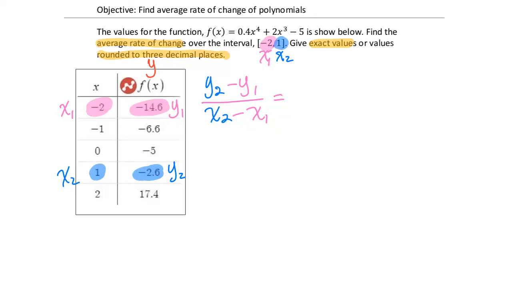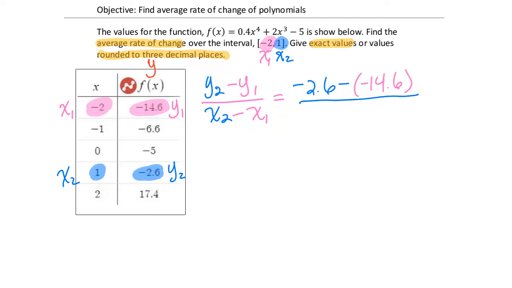What is our y2 value? Negative 2.6 minus y1 is negative 14.6. So because you're subtracting a negative, you got to put that second one in parentheses over what is x1?